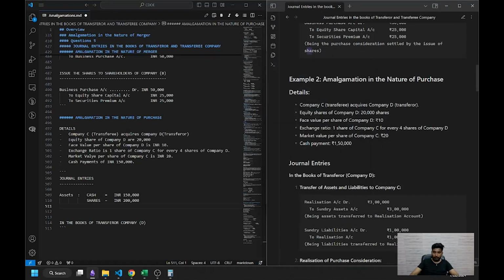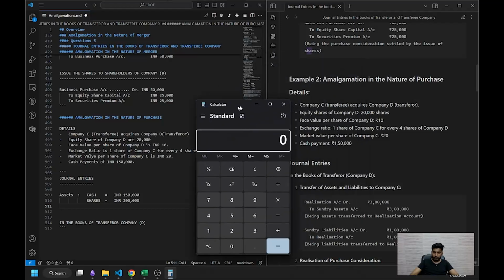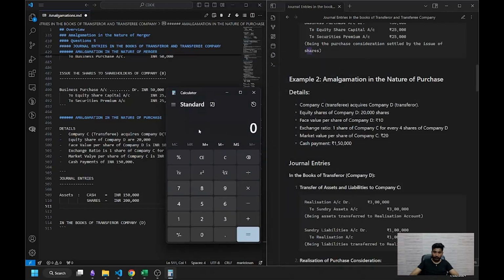The company C do have the share capital of 20,000 shares. Okay, and they have to only issue for 4 shares, which will be equal to they will issue 5,000 shares, right? And the market value for the company C is how much?